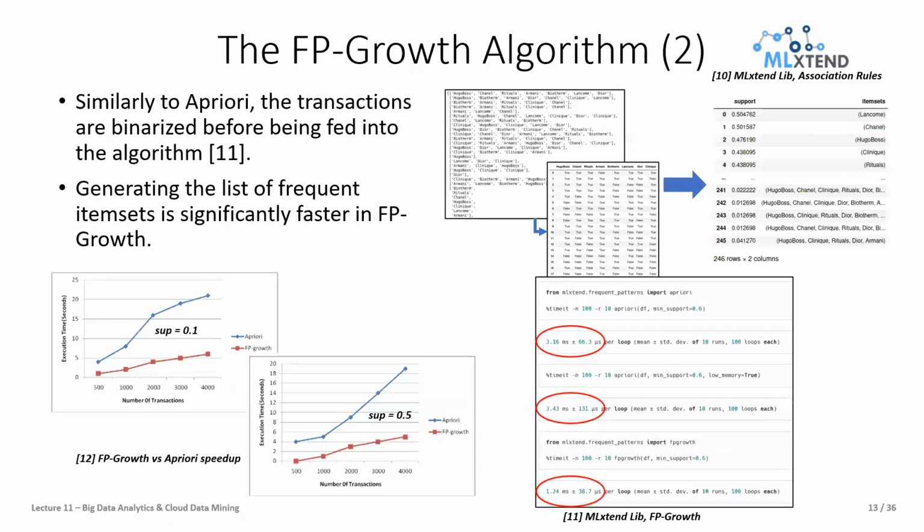So it looks like something that seems to scale well. And in fact, it actually does. Even on the website for MLxtend, where they describe their code, they show specifically that FP growth scales a lot better than Apriori, even their implementation of Apriori that uses less memory.